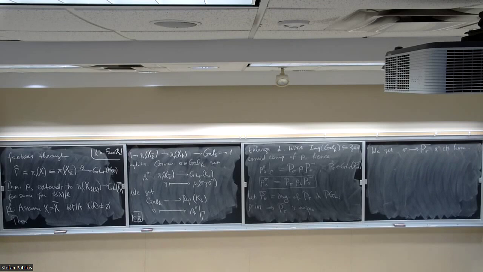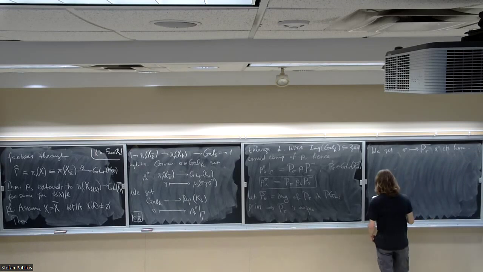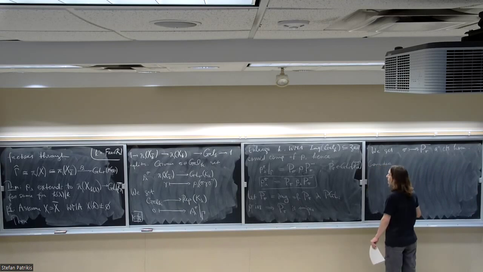And okay, this would be enough to build a PGL-valued descent of our original rho lambda, but in order to get something GL-valued, we want to lift this. The way we can do that is the following.